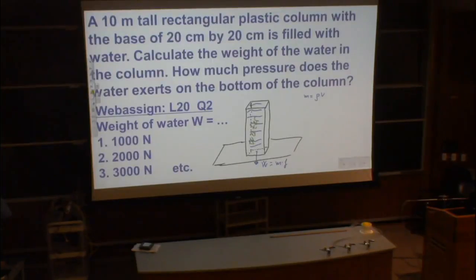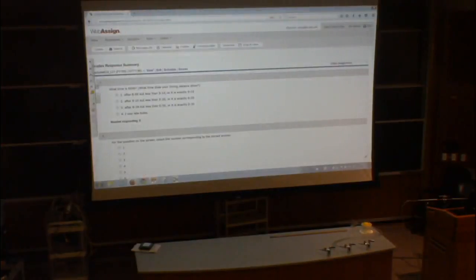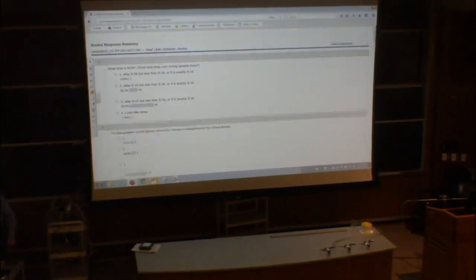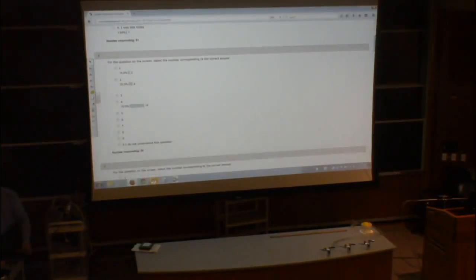If we put these together, combine together, substitute m with the density times volume, we get the weight. All right, we're getting answers.